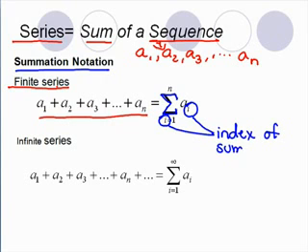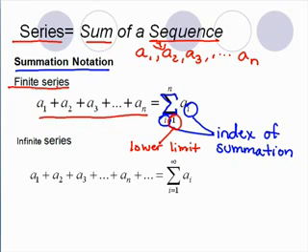The 1 is called the lower limit of the summation. And the n is the upper limit of the summation. And again, a would be your terms.